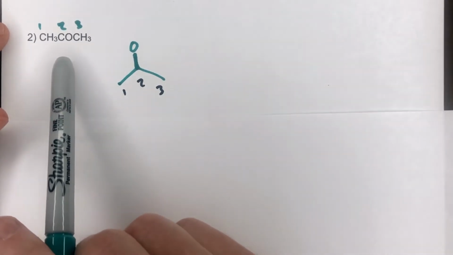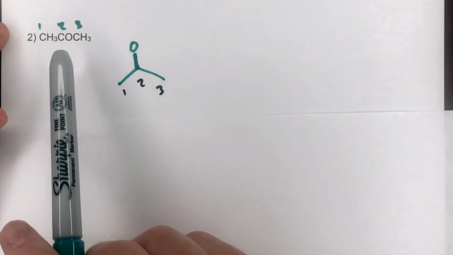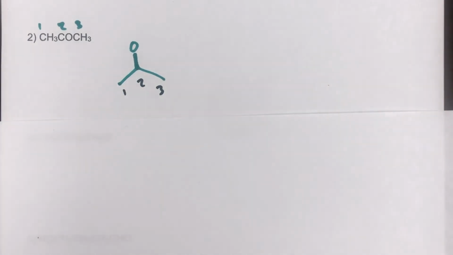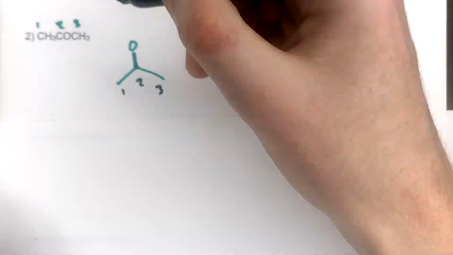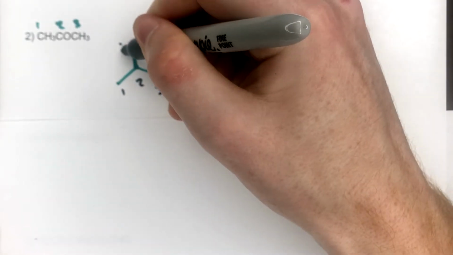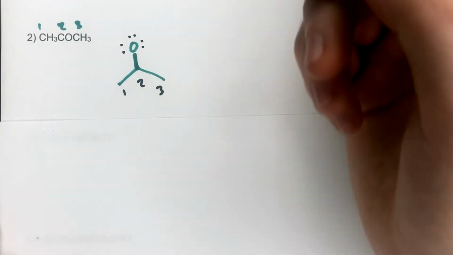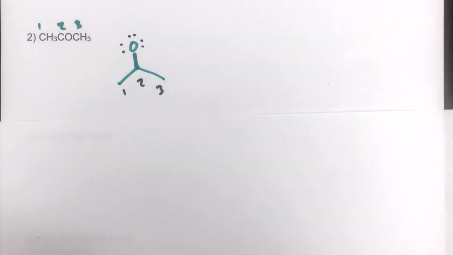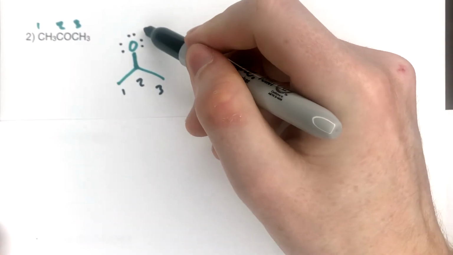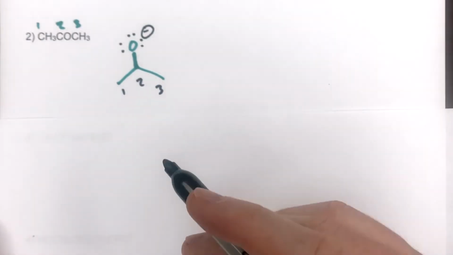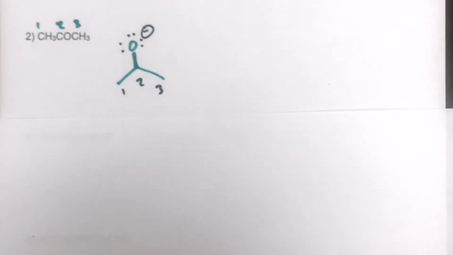So there cannot be a hydrogen at carbon 2. And if we think differently and we look at the oxygen, for the oxygen to have an octet, it would have to have 3 sets of lone pairs, which would indicate that it would have a formal charge of -1. So then carbon number 2 would have to have a positive charge, and this would be far too unstable.